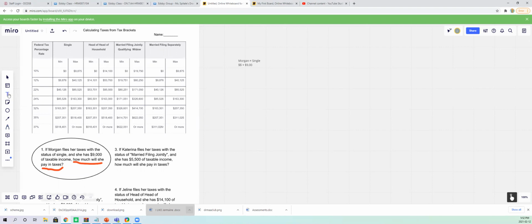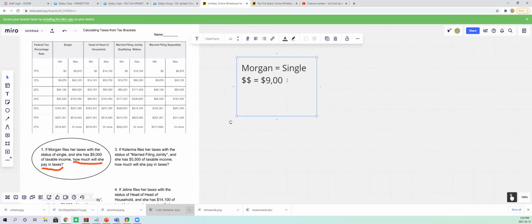Okay. So from this chart, we are going to look at her federal tax percentage rate. We need the information from the question, so I put it over here for you.